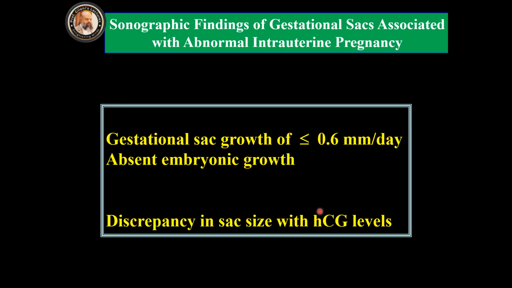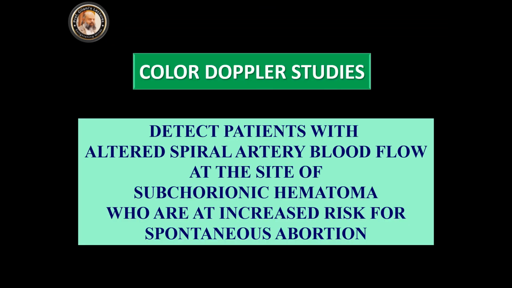So the gestational sac growth of less than 0.6 mm per day, then is the absent embryonic growth. There will be discrepancy in sac size with beta HCG levels. On color Doppler studies, we can detect patients with altered spiral artery blood flow at the site of subchorionic hematoma who are at increased risk for spontaneous abortion.